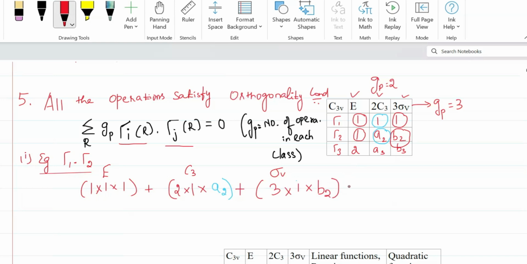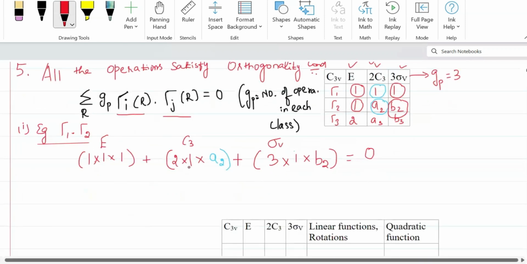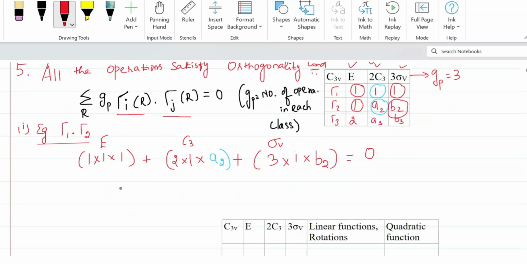That should be equivalent to what? We are going to equate that to 0 so that it follows the orthogonality condition. Now you have to evaluate 1 plus 2a2 plus 3b2 equal to 0.